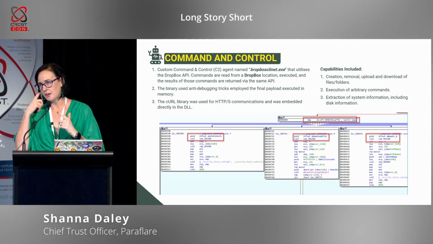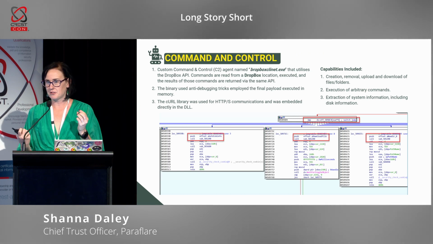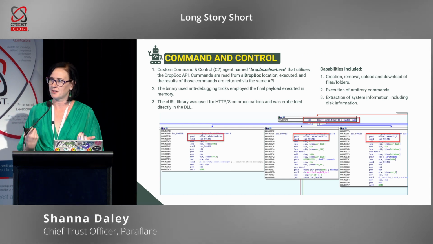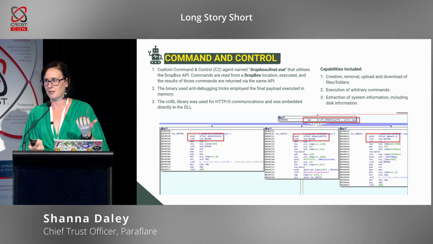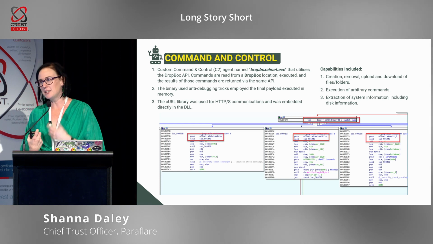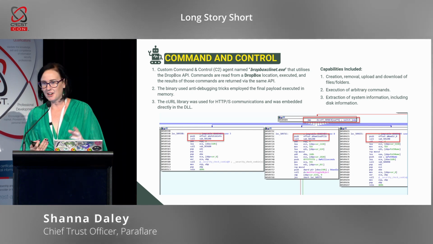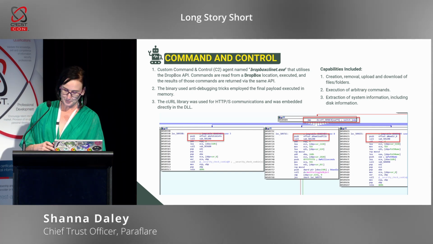So it just looked like it was traffic traveling to and from Dropbox. So when you're exfiltrating large amounts of data, would you look at Dropbox activity and be like, oh wow, that's odd, there's a gigabyte of data transferring over Dropbox? Maybe, maybe not. You'd probably be expecting a fair amount of data to be going over Dropbox. So it's a nice little bit of obfuscation there.